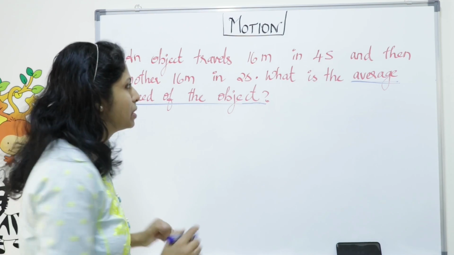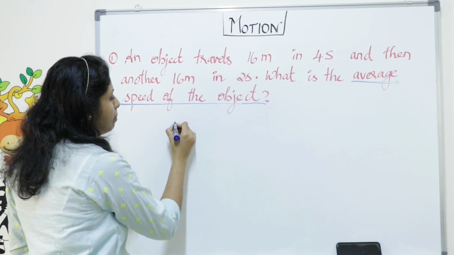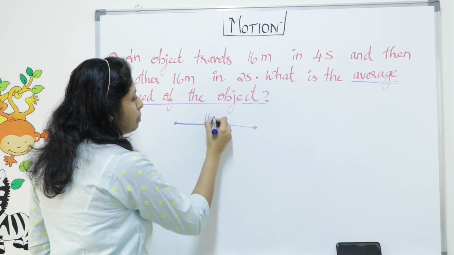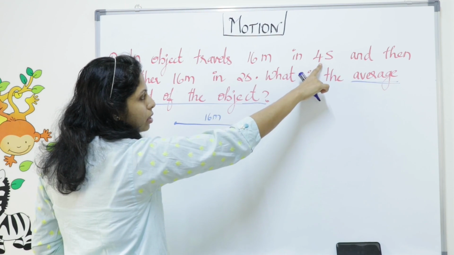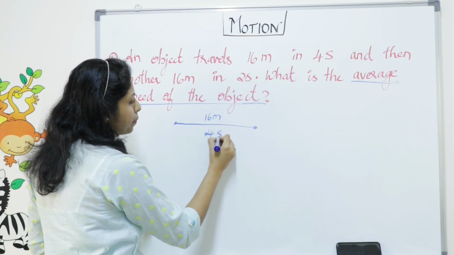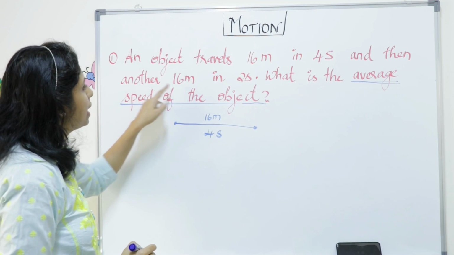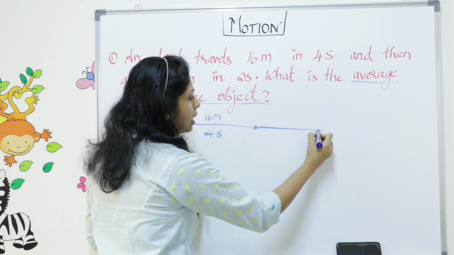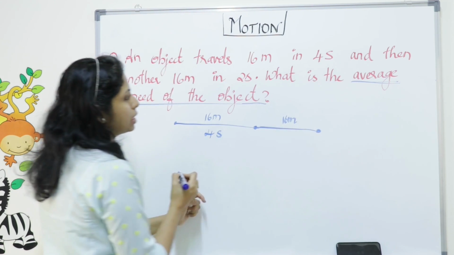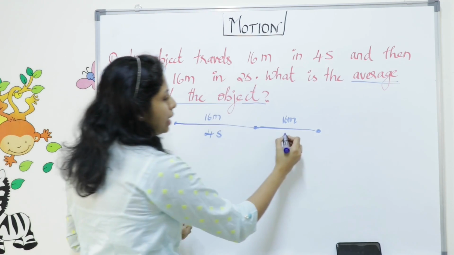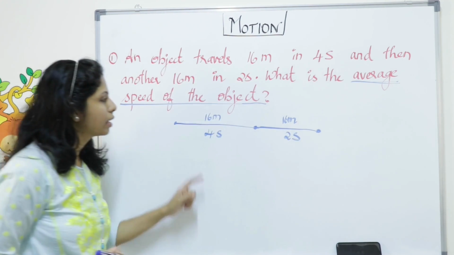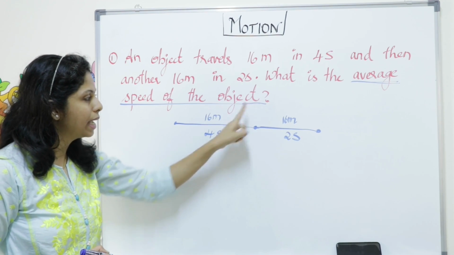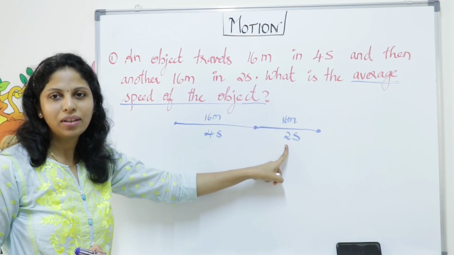So let's see what the problem is about. The object travels 16 meters and it has taken how many seconds? 4 seconds. And again, it travels 16 meters and it has taken 2 seconds.